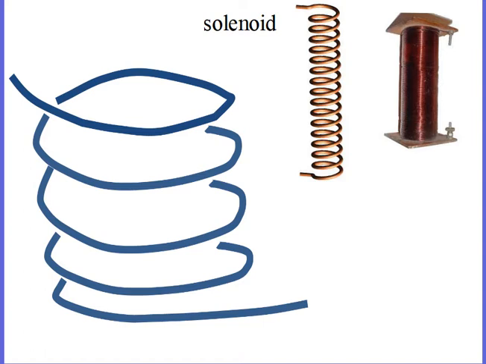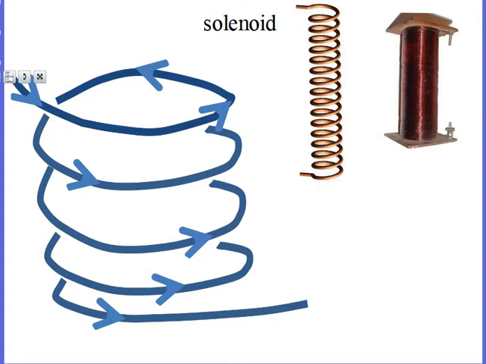Okay, so I have this coil of wire, and I'm going to cause current to flow through the coil of wire. And what you can see is that with the current going that way, if you take your loose right hand fist and point your thumb in that direction, you get your fingers going around like this.